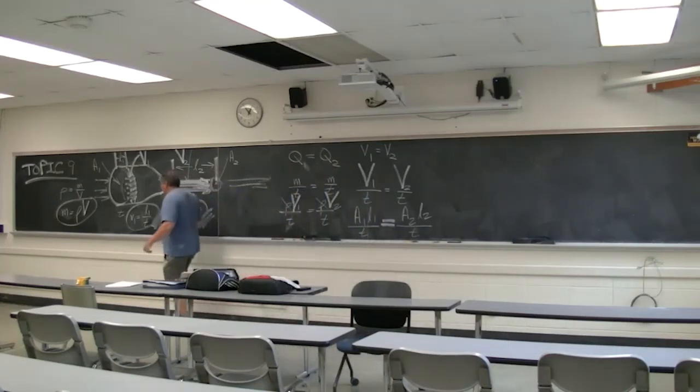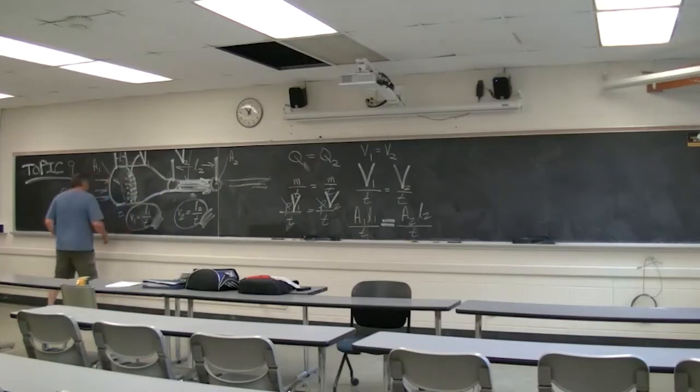These are velocities. If this is area A1 and it's constant and it's displaced by L1, area times length is volume.